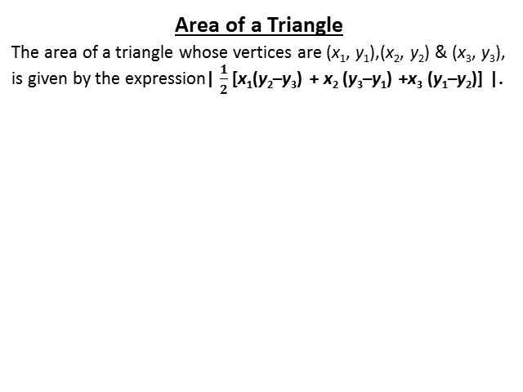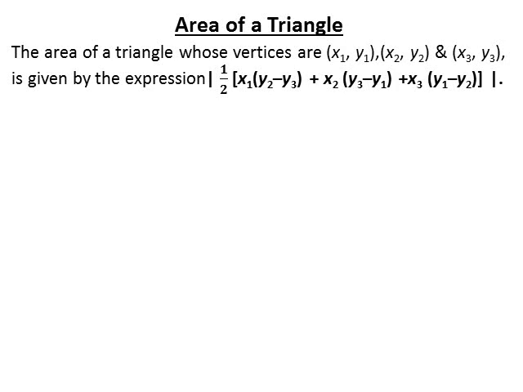That is, area of triangle equals the absolute value of half multiplied by x1 into (y2 minus y3) plus x2 into (y3 minus y1) plus x3 into (y1 minus y2).